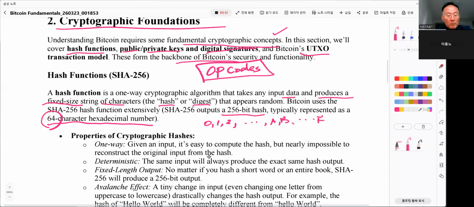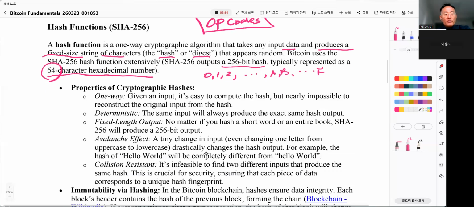So, properties of cryptographic hashes. It is a one-way function. Basically, given an input, it is easy to compute the hash, but nearly impossible to reconstruct the original input from the hash. It is a deterministic function.